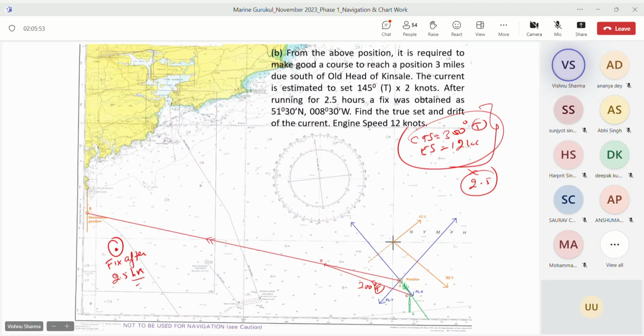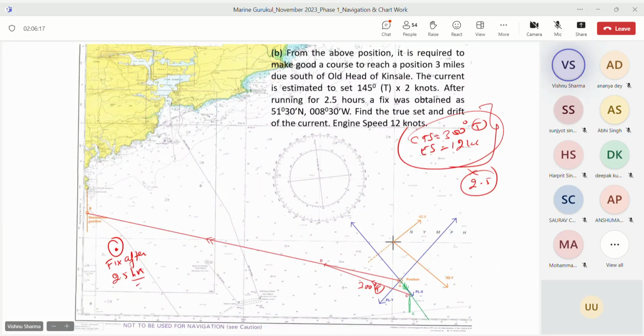Guys, recall the vector triangle, and there was something which I repeatedly said 2 or 3 times that I'll be using in the question. I gave you the reference of Captain Subramaniam's Exercise 1 for practical navigation from plane and parallel sailing. And I asked you, the current is from where to where?